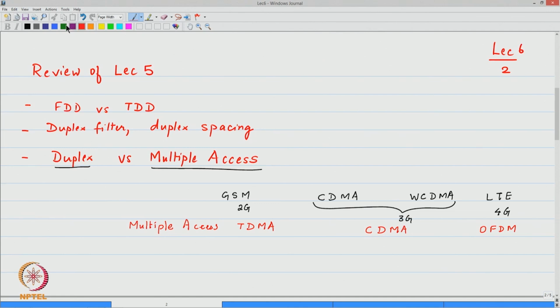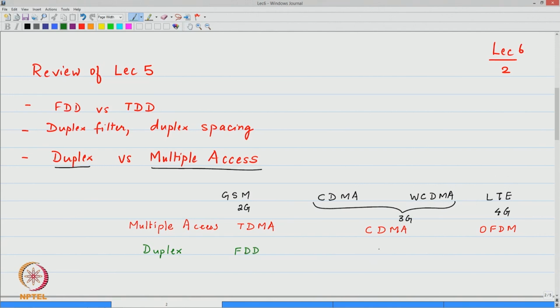Now, we would like to take a next look at the type of duplexing that is done. The type of duplexing that is done decides the design of the transceiver. So, the duplex method that is used for GSM: GSM uses an FDD duplexing, frequency division duplexing.